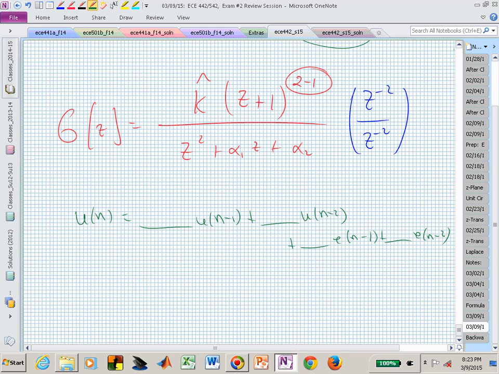Yes? The question was, am I reducing the accuracy of the approximation by changing the number of zeros at infinity that get mapped to the z plus 1 factor?